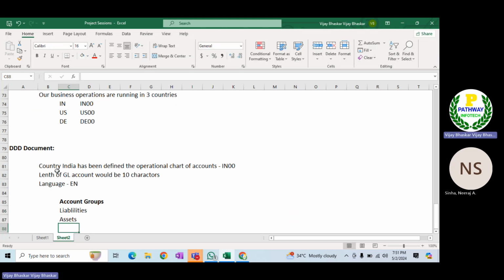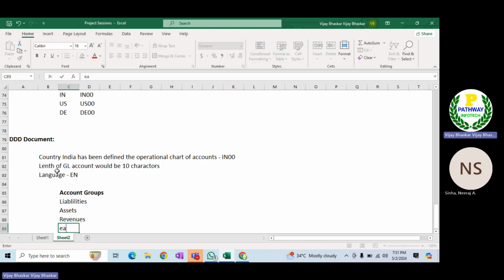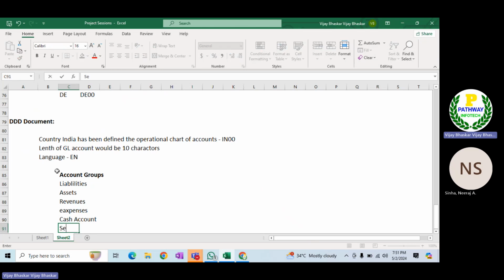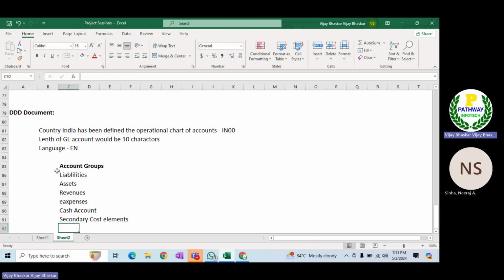Liabilities, assets, then revenues, then expenses, then cash account, then secondary cost elements.